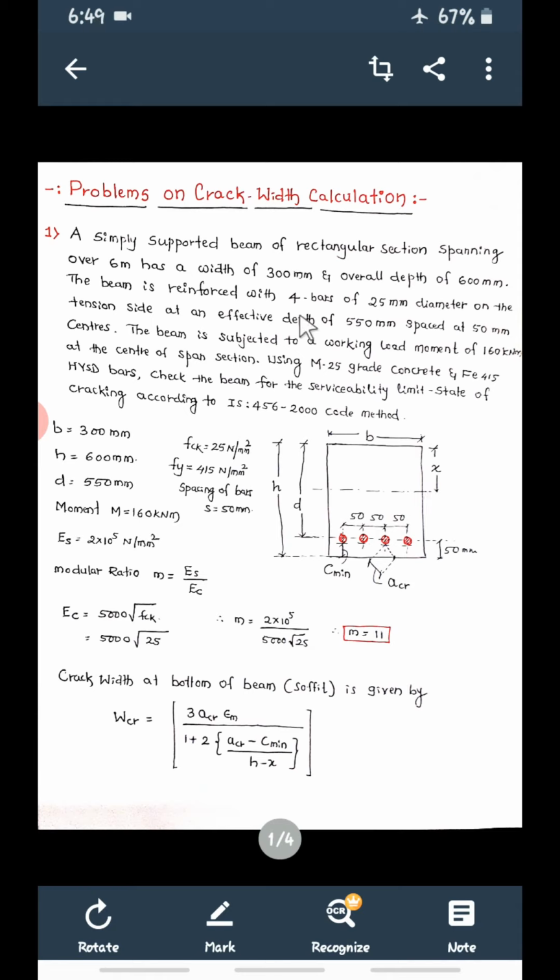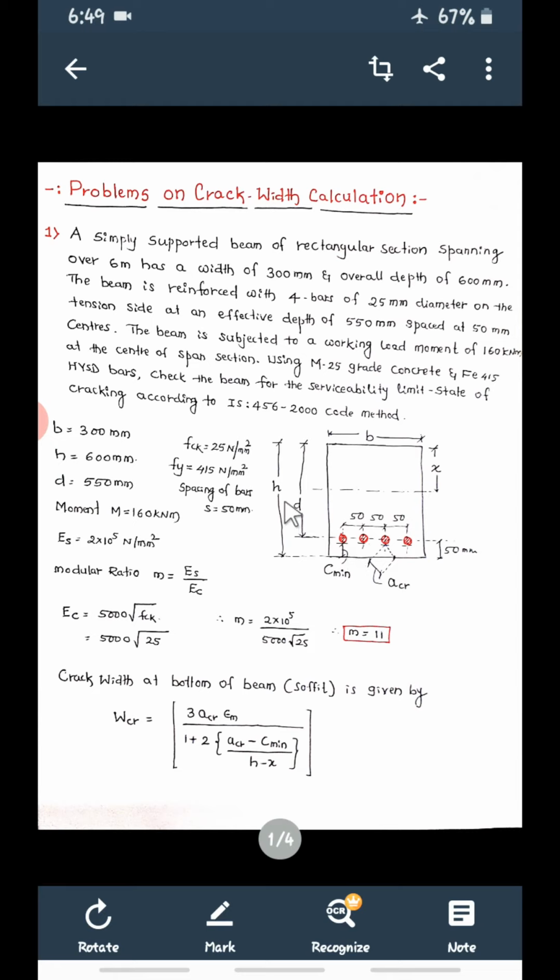Then bars are provided at the bottom, that is the tension side: 1, 2, 3, 4 bars, 4 bars of 25 mm diameter, at an effective depth of 550, meaning from the top to the center of bars is the effective depth. Now see, from the bottom how much it is.